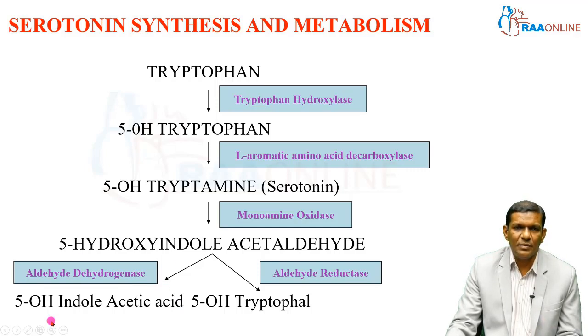That is one of the lab investigations which they normally do. And one more important thing is that serotonin serves as a precursor for melatonin. 5-hydroxytryptamine gets converted to melatonin by a separate pathway, and melatonin, in the pineal gland, is responsible for induction of sleep.